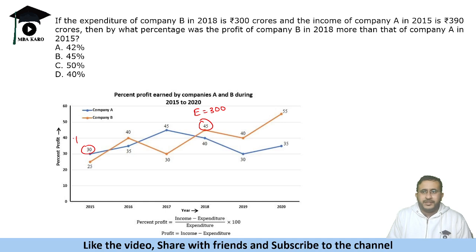By what percentage was the profit of company B in 2018 more than that of company A in 2015? So income is 390, 30% profit. That means expenditure is going to be 300 and profit is 90. And for B, expenditure is 300, so profit is 45%.